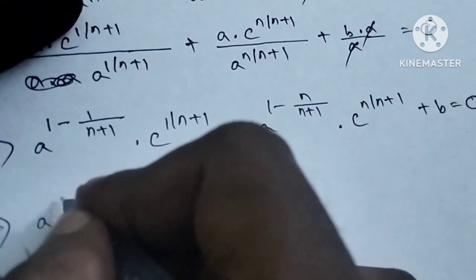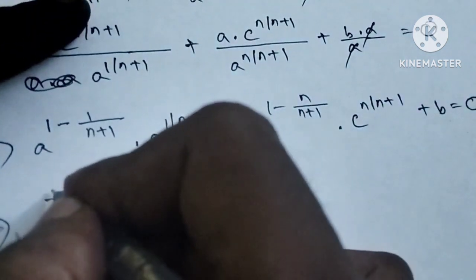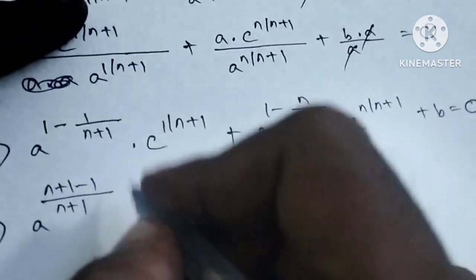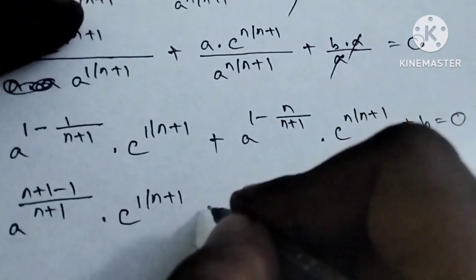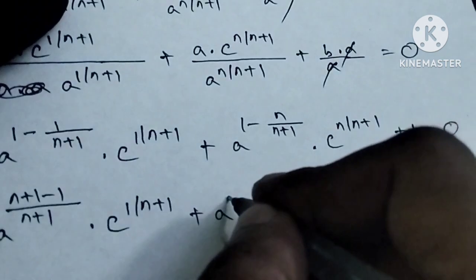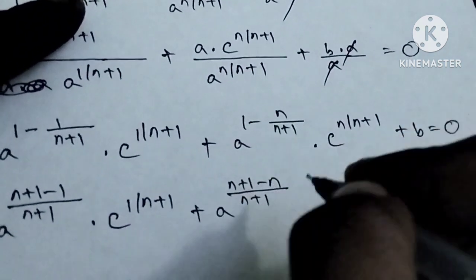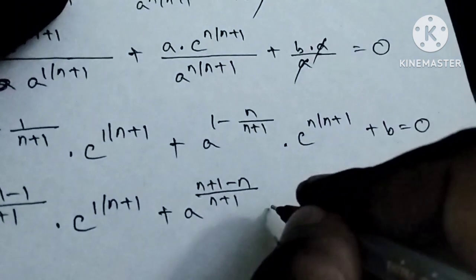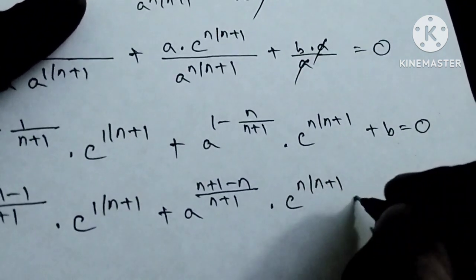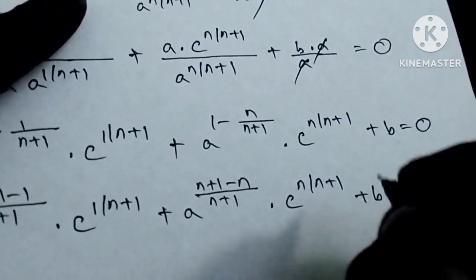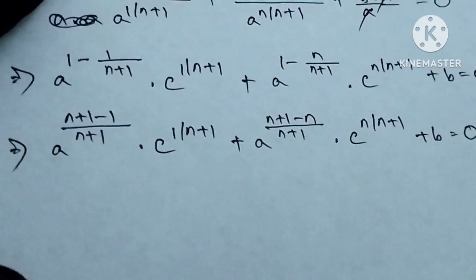Okay, so here now the LCM will be n plus 1. So n plus 1 minus 1 into c to the power 1 by n plus 1, plus a, LCM will be n plus 1, n plus 1 minus n, into c to the power n by n plus 1, plus b is equal to 0. Okay, clear?